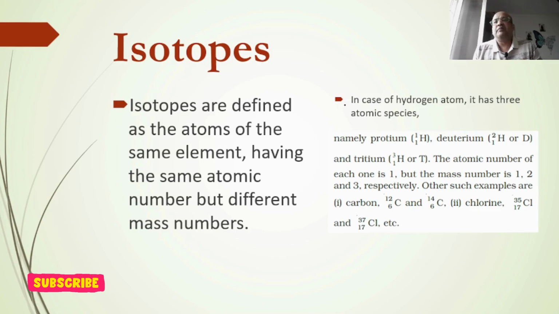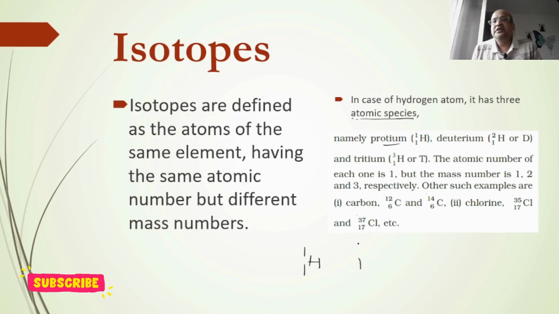Let's see the example of the hydrogen atom. It has 3 atomic species. Protium is there, where the atomic number is 1 and the atomic mass is 1.